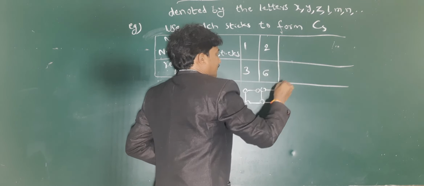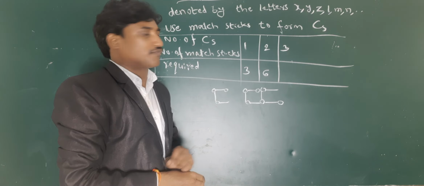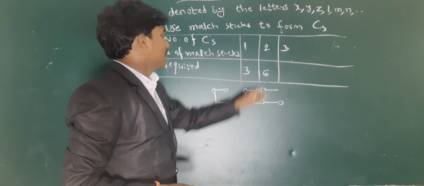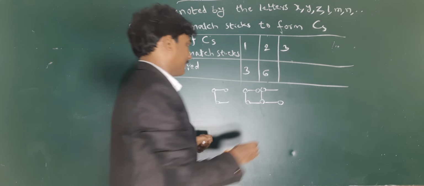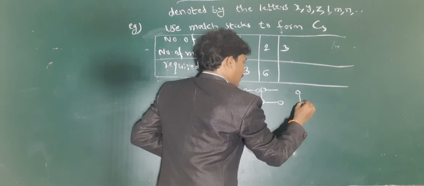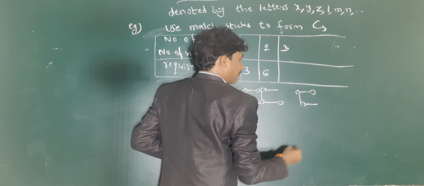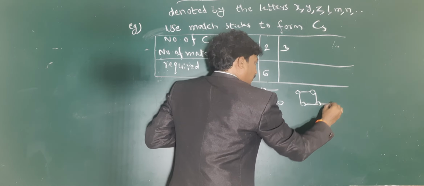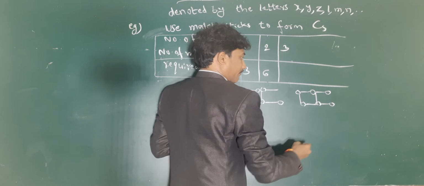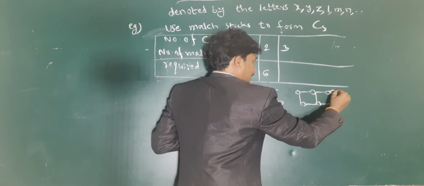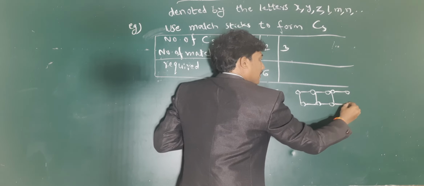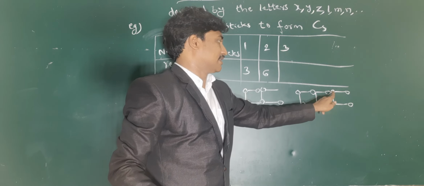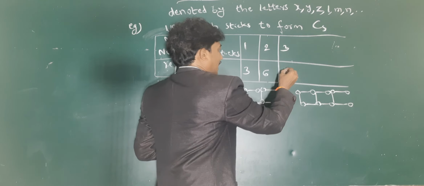For 3 C's, to form 3 C's: 1, 2, 3, 4, 5, 6, 7, 8, 9. 9 matchsticks are required.